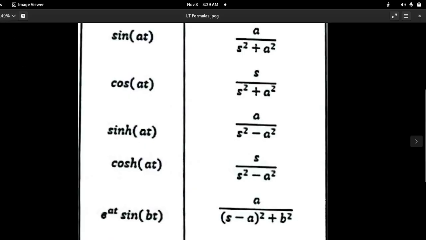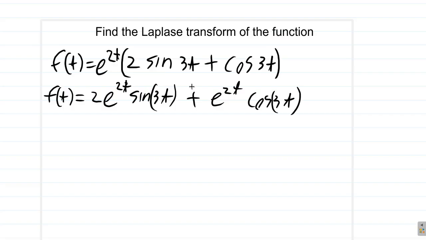Now, it means when it comes to the Laplace transform, and you have e to the at times f(t), then F(s) is going to change, or let me write it this way.